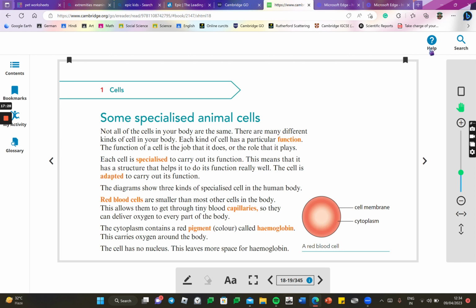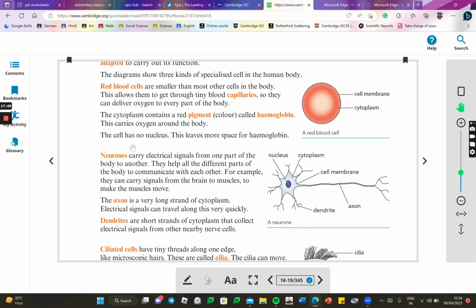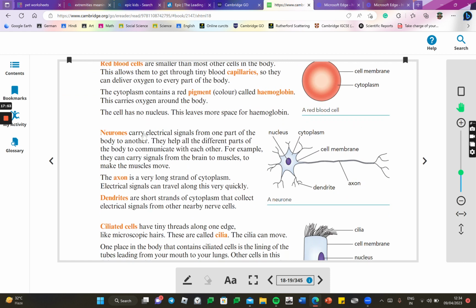It doesn't have mitochondria because it needs more space to store hemoglobin and oxygen. The cytoplasm contains a red pigment called hemoglobin that carries oxygen around the body. So it needs more space to carry hemoglobin and oxygen both. The cell has no nucleus, which leaves more space for the hemoglobin, as I said.